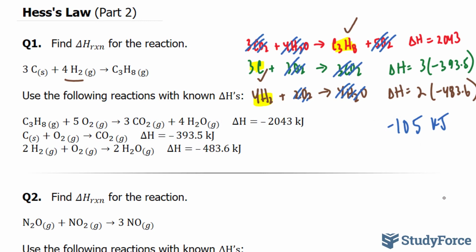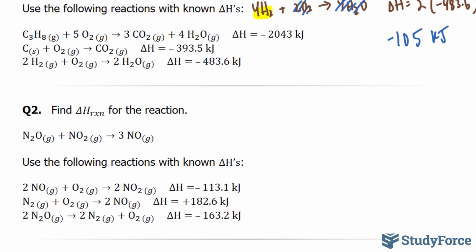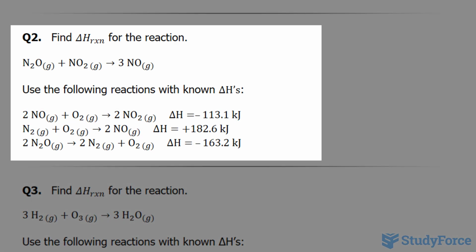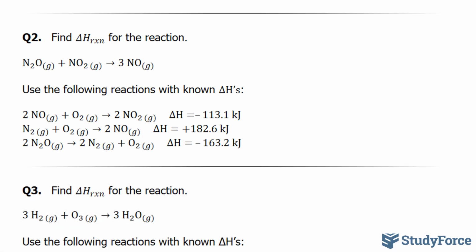In part 2 of our series, where we use Hess's law to find delta H of a reaction, we ended off with question 2, where we asked to find delta H for the reaction shown here and use the following reactions with known delta H's. The first thing that I would like to do is highlight all the like chemicals. Take, for example, NO. NO is found over here, it's found here, and that's it.